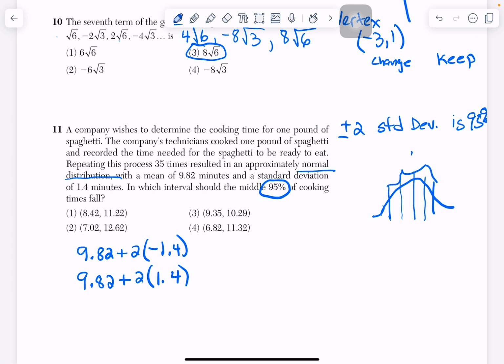Within all this is 95%. All right, so this came out to be 12.62, and this one was 7.02.